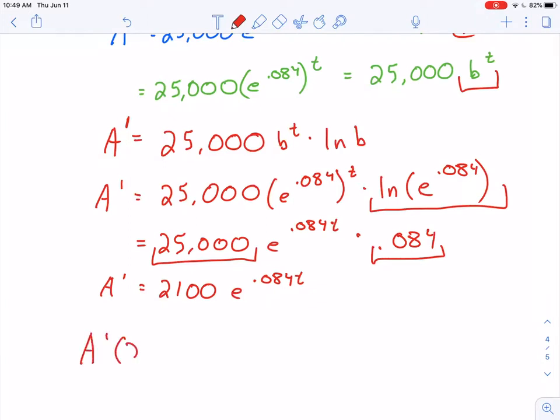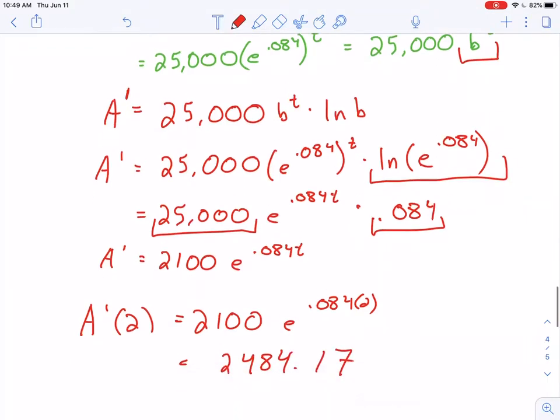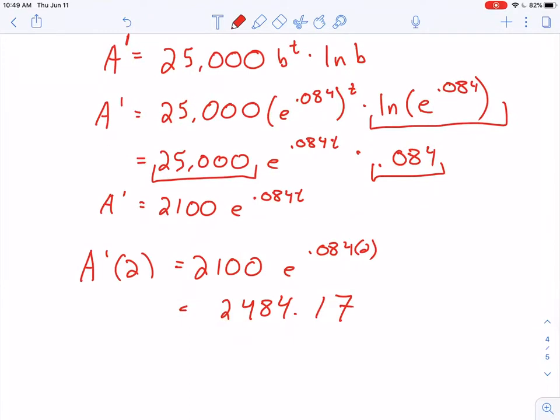So a prime of 2 is 2100 times e to the 0.084 times 2 power. Let's see, I end up with 2,484.17.